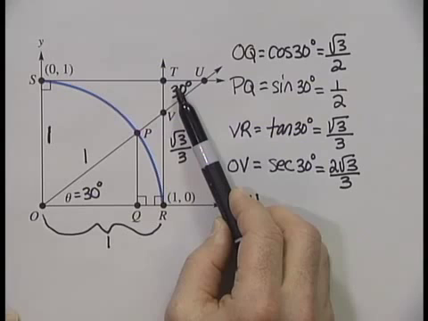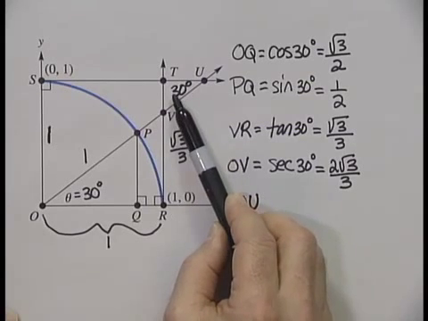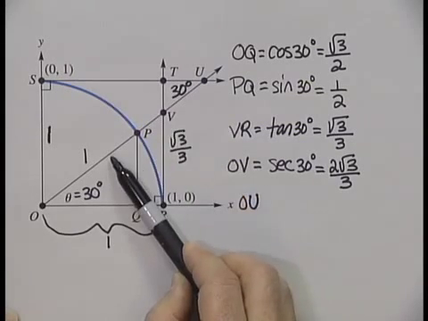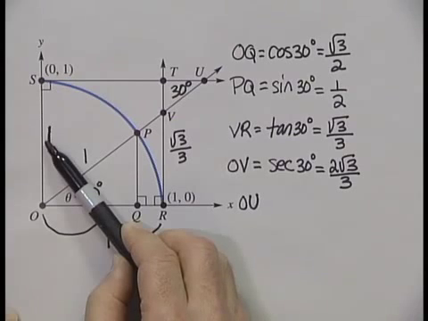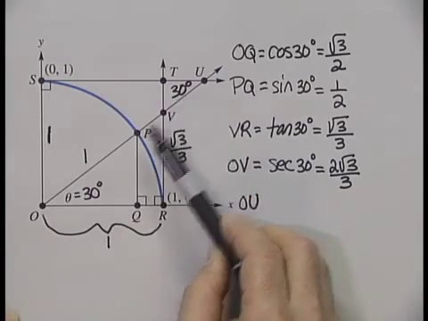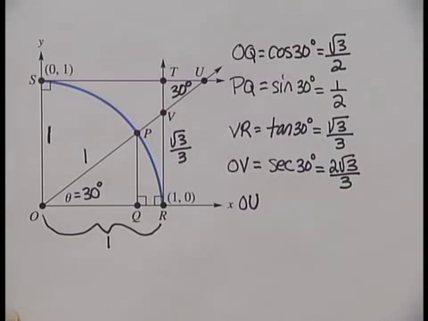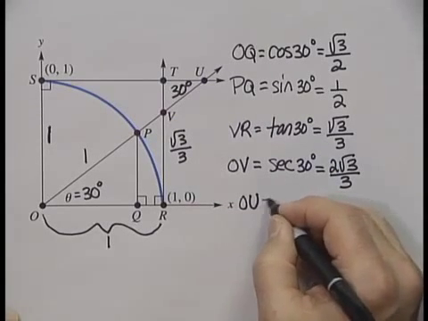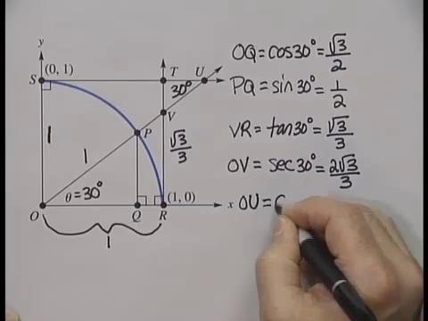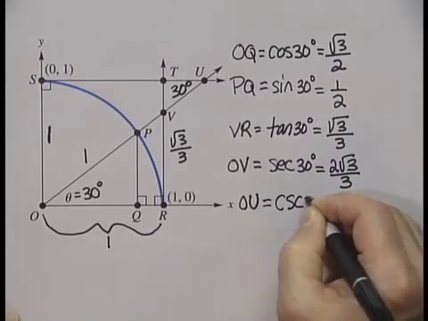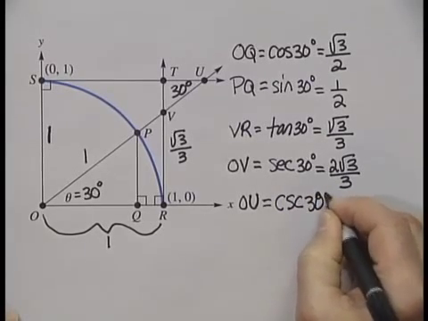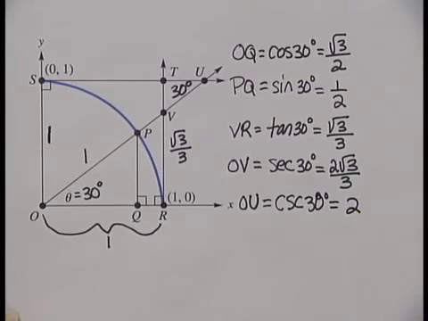So we want to use cosecant, because cosecant of 30 is the hypotenuse divided by the side opposite, which is 1, and therefore cosecant of 30 is simply equal to the length of OU. So this equals cosecant 30 degrees, which is 2.